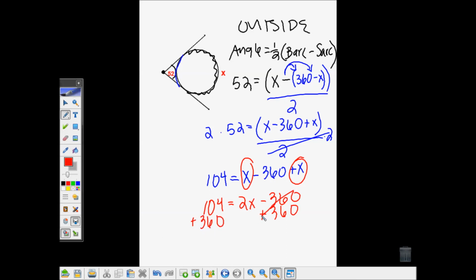When we add those up, 360 plus 104, we get 464 equals 2x. Then we are going to divide both sides by 2. x equals 232. And that is the end.